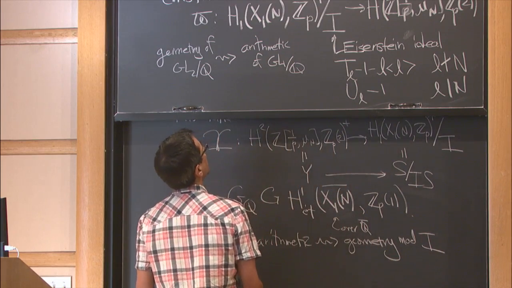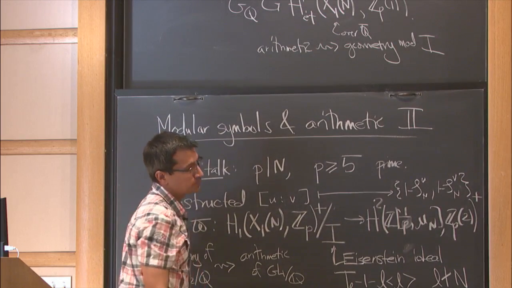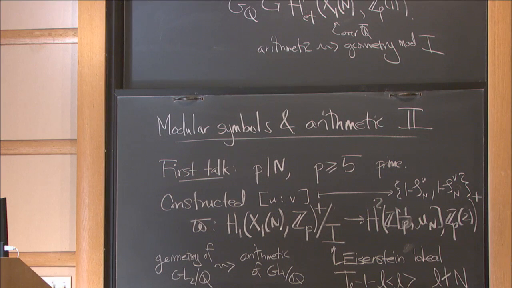OK, great. So let me just recall, very briefly, how you construct the Galois representation attached to a newform of weight 2.